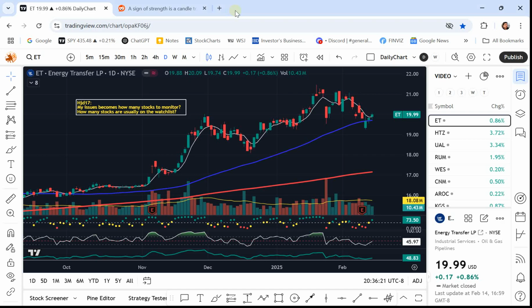Okay. Meanwhile, going back to his question here, the way I do it as far as swing trading part-time, I do scans at the end of the day, and I look for the stocks. As far as how many I monitor, I've seen people claim to monitor 100, 200 stocks, and they watch them every day.